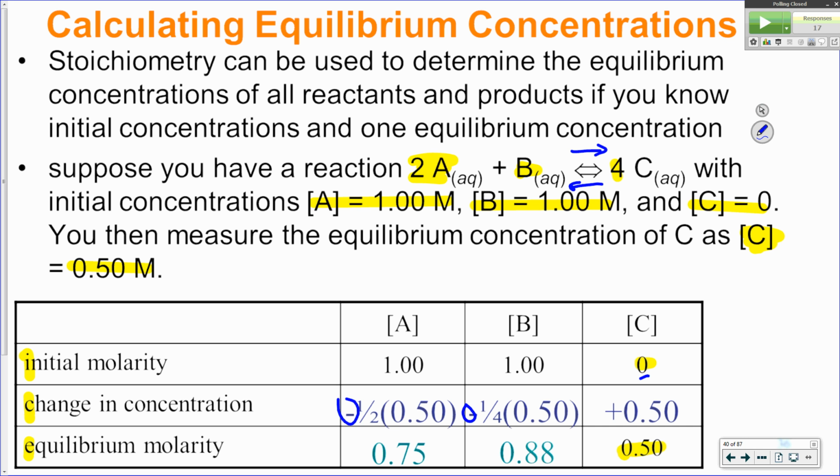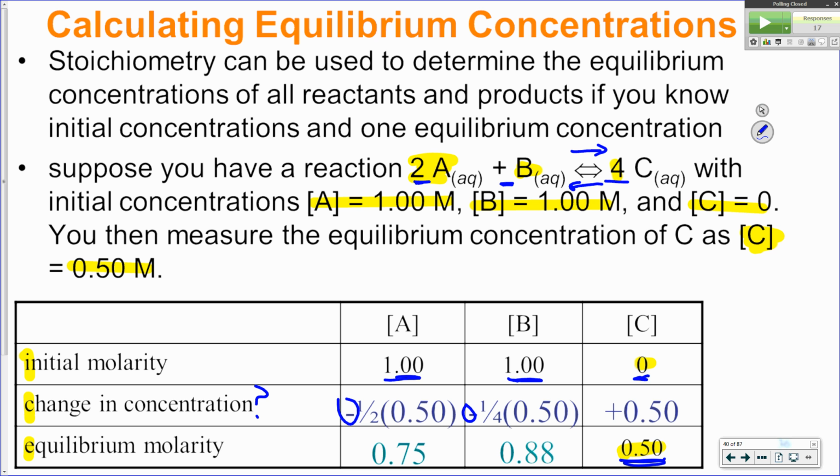So I know at the end I've got 0.5 molar of this product, and I know initially I had 1 molar and 1 molar, and there was 0 of the product C. So what I want to do is figure out what the change is. The way that I can do the change is simply look at the stoichiometry between the products. So I know the balanced reaction is 2 to 1 to 4.